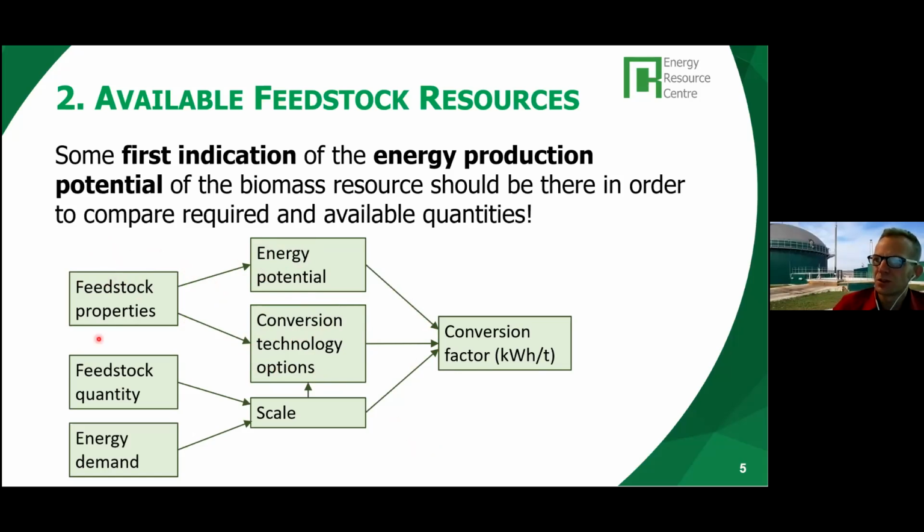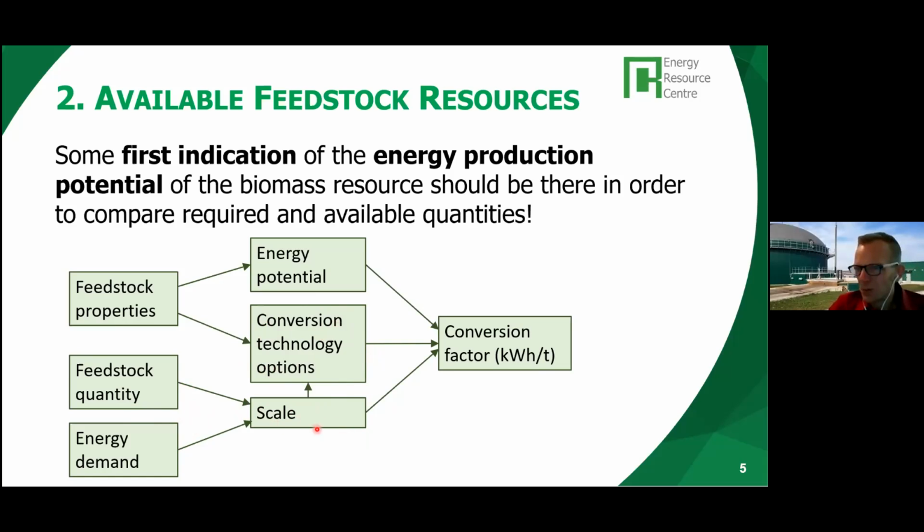Whether it's, for example, a dry solid, or a wastewater, or another wet type of feedstock, that to a large extent determines what kind of conversion technology is available for it. Then there are the quantities and the energy demands that need to be satisfied, and that determine the scale.